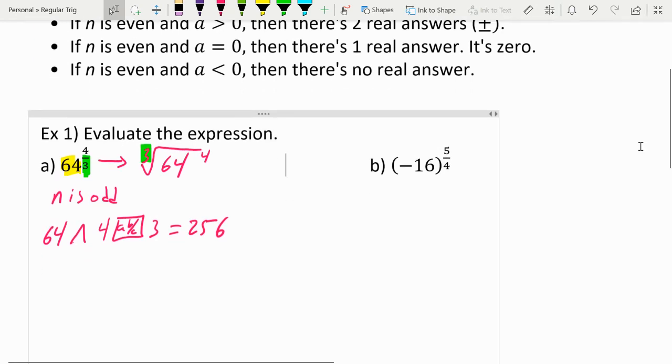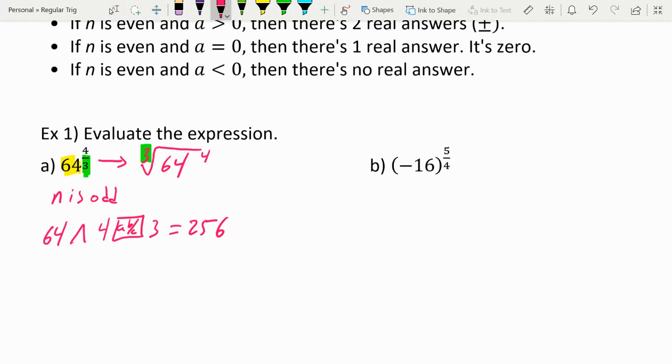Now, if you want to try plugging it in radical notation, you're always going to have to use the index first. So you're going to type in the 3, and then hit the second button and the caret, because above the caret there's actually a square root with an x.